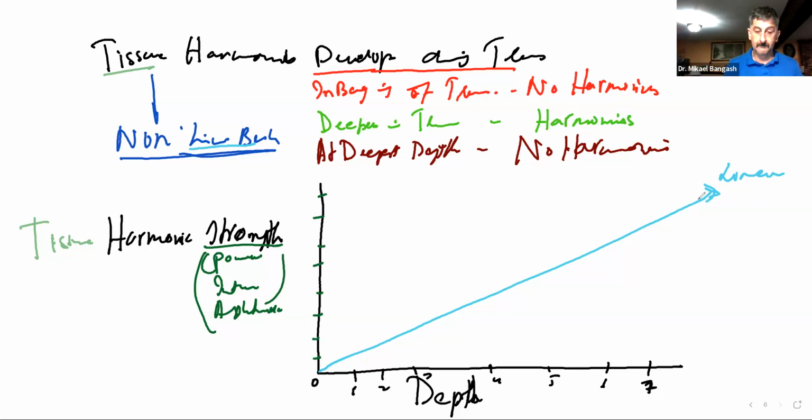Which would have meant that as the depth increases, there would have been an even increase in the harmonics. Even if it had been like this, what we know is that as depth increases, intensity, power, and amplitude decrease. So this line here would have been linear because it's a straight line.